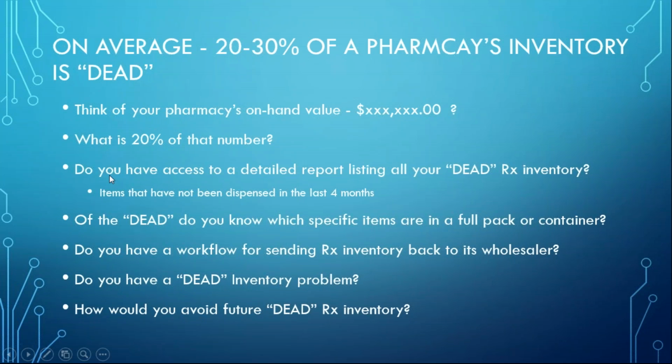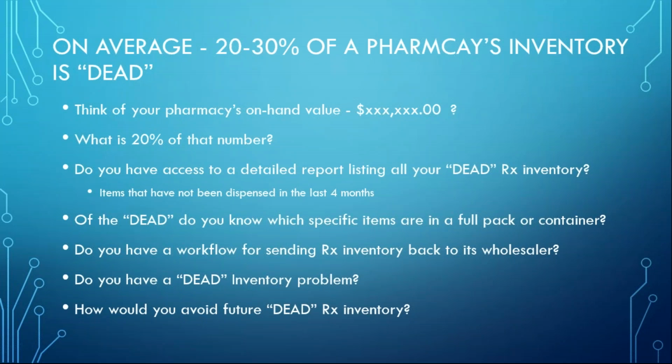In addition, I'd like you to think about, do you have access, either through your pharmacy management system or some other kind of reporting system, to a detailed report showing you all those items that are dead, haven't been dispensed in the last 4 months? Further to that, do you have access to specific items that are dead and in full pack or full containers?